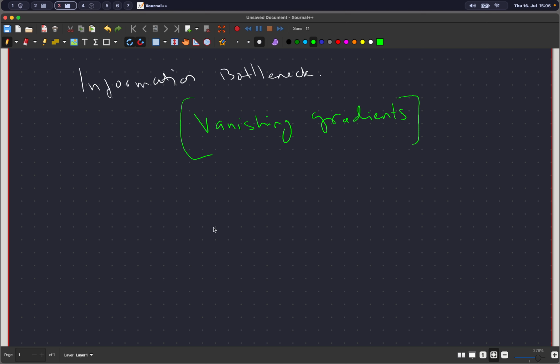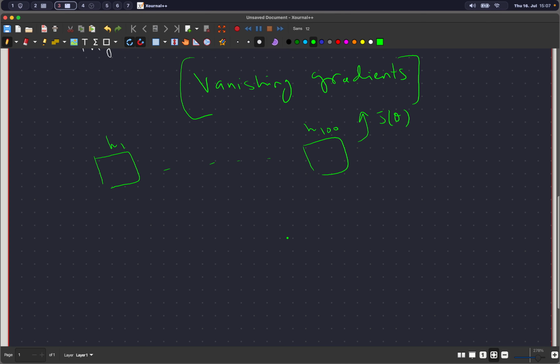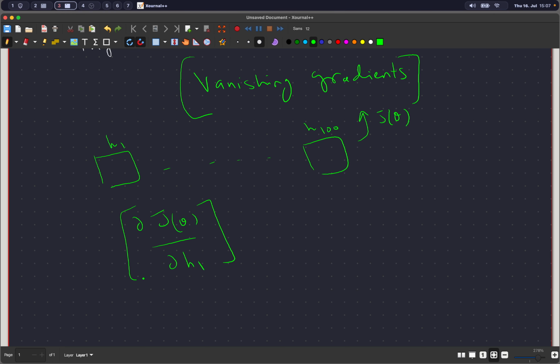The reason why it happens is, suppose you have a hidden state H1 and after that at the end you have a hidden state called H100 and you are calculating the final loss with it, and now you need to update the weights of hidden state 1 based on the final loss that you have calculated. So basically what you want to do is del J with all the parameters theta, and you want to calculate this gradient to update it using gradient descent, right?